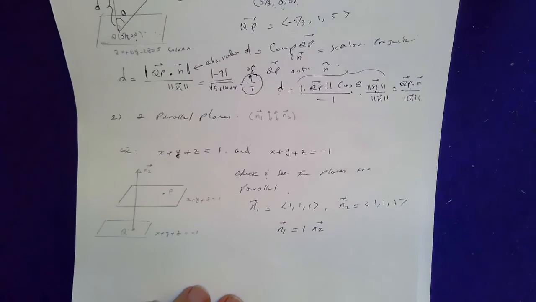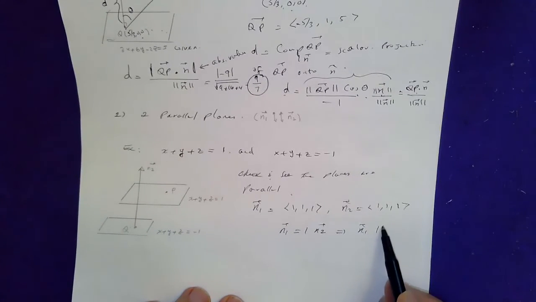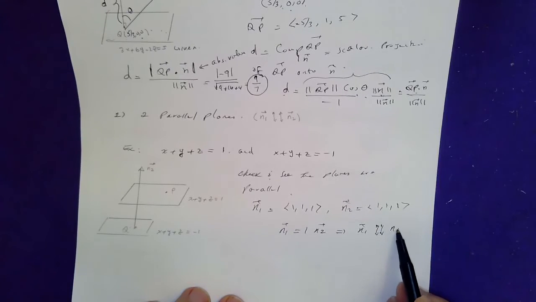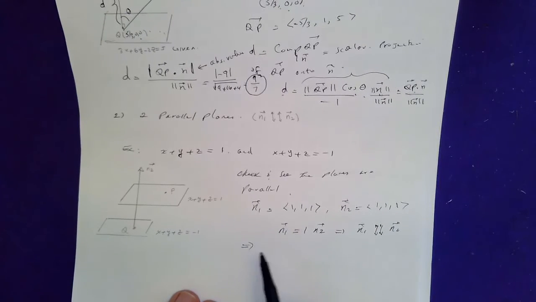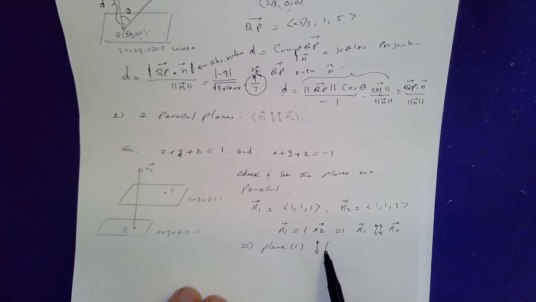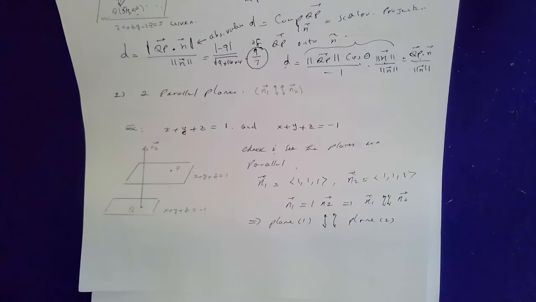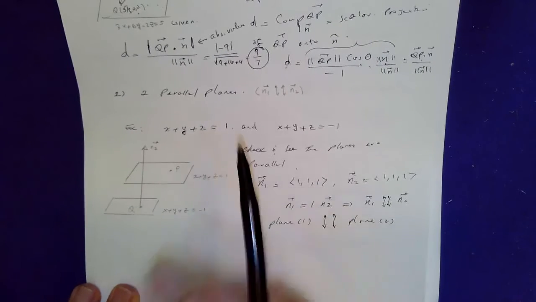In other words, it's a scalar multiple of N2. So N1 is parallel to N2. That in turn tells us what? Plane 1 is parallel to plane 2. So we already checked and notice that the planes are parallel. So how would you find the distance?